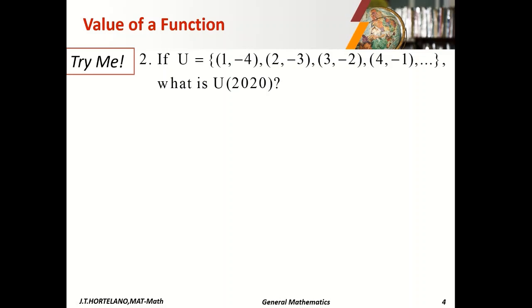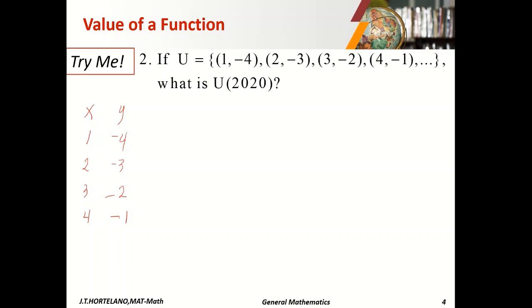If you just observe the pattern, we can write this as, we know that the domain or the set of x values are 1, 2, 3, 4, and so on and so forth. And our y values, or the range, are -4, -3, -2, and -1, and so on and so forth. So what is u of 2020?